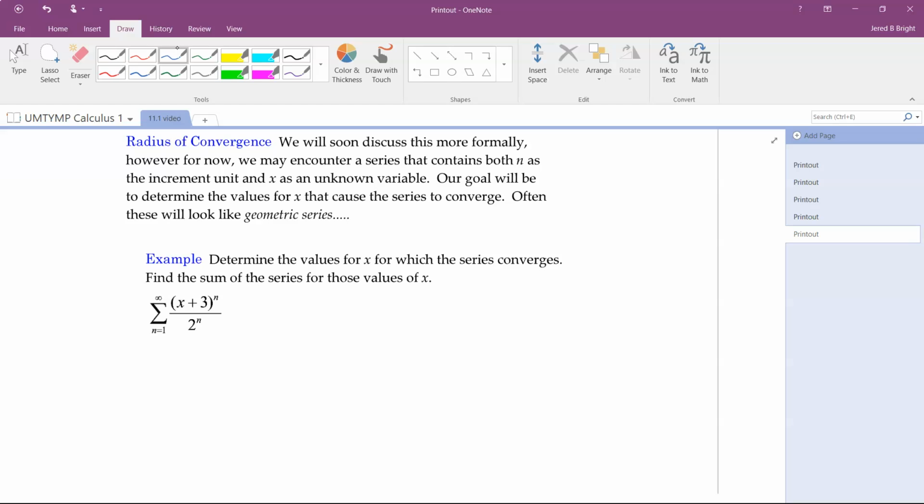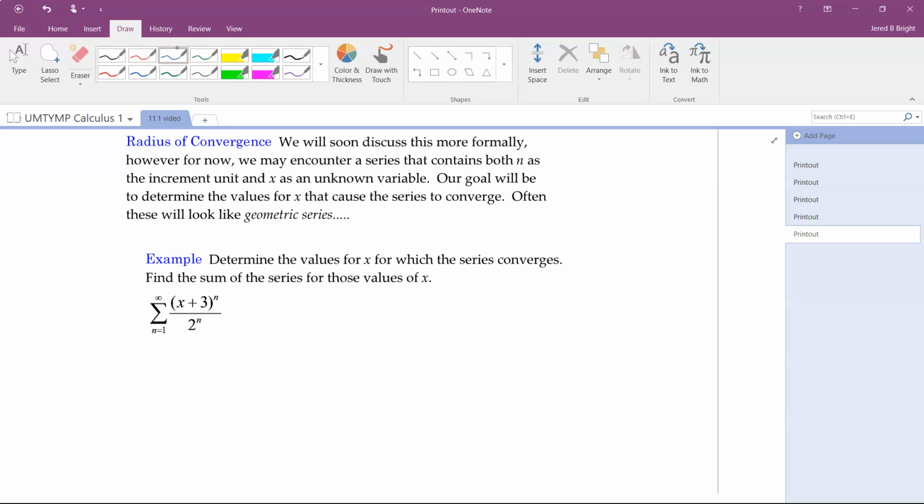Our goal is to figure out what values of x cause this series to converge or diverge. What we want to do is make these into geometric series as much as possible. So we want to figure out the values of x for which the series converges, and then find the sum if we can.